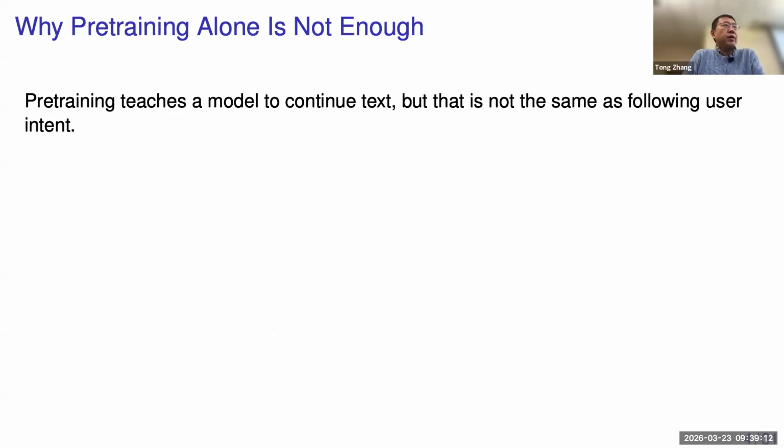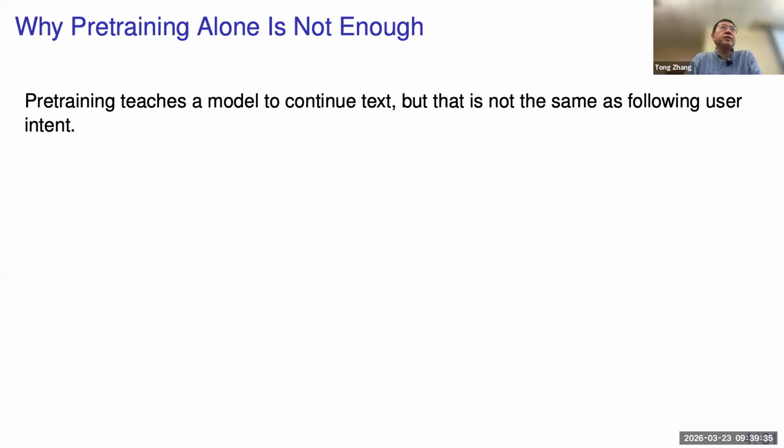Just a recall, I think we mentioned this before. We revisit why pre-training alone is not enough, right? Pre-training teaches a model to continue text from prompts, but that's not the same as following user intent.